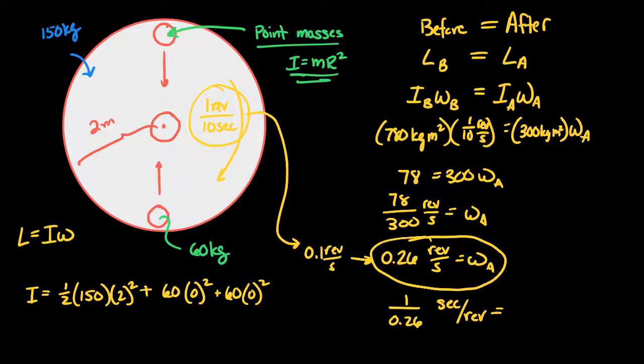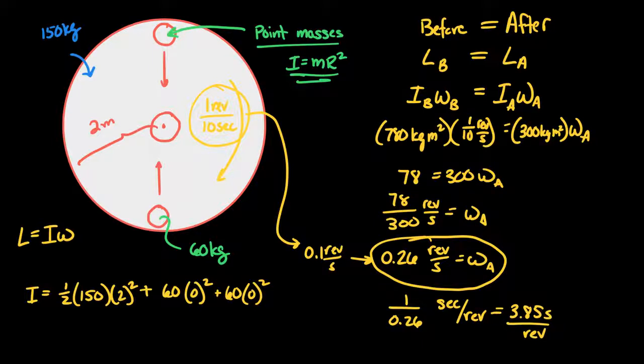Can you tell me how many seconds it is per revolution? 3.85 seconds per revolution. So originally when we watched them go by, it took them 10 seconds. So they left, counted to 10, they came back. Now, if we're watching them, they're spinning in the center, but they spin once every 3.85 seconds. Okay? You guys see how we got that number?